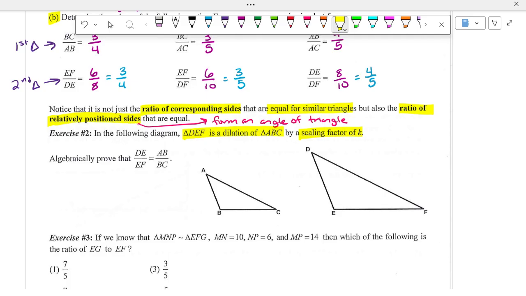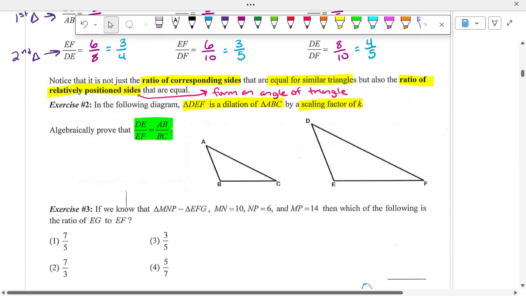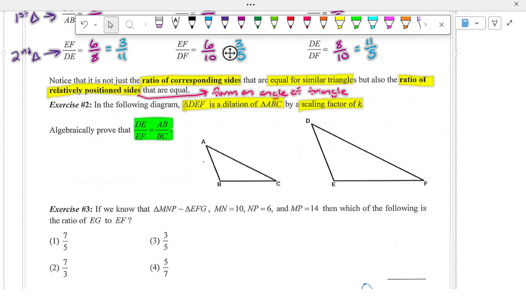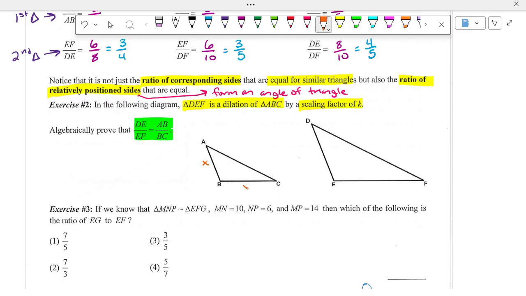So we're going to algebraically prove that these two are the same. That those two proportions are the same. So let's say that the lengths of AB and BC are X, Y, and Z. All right.